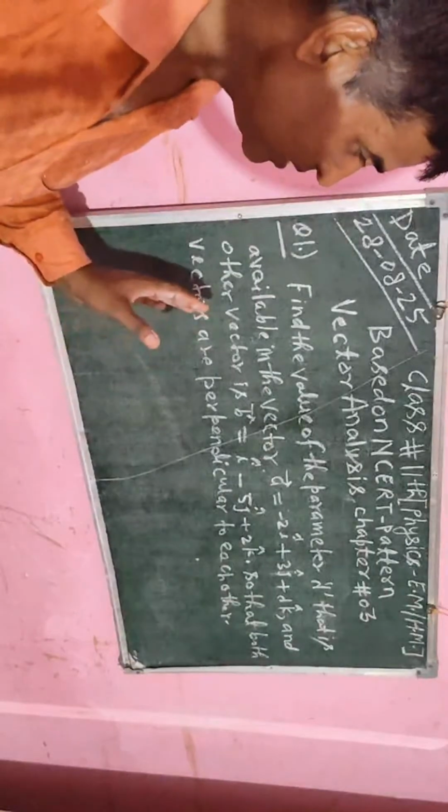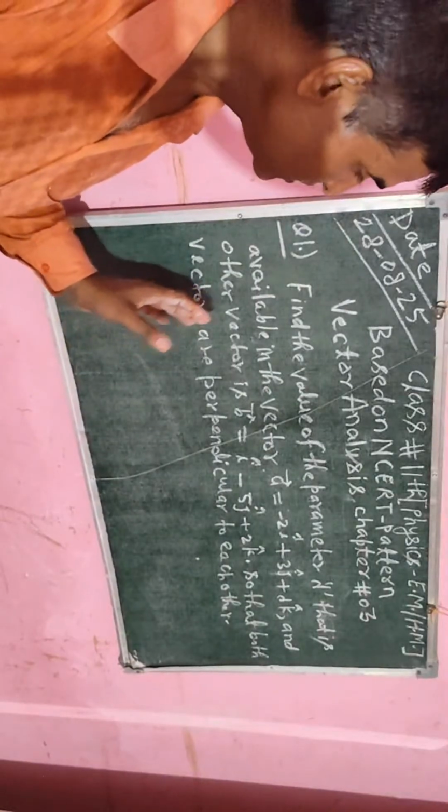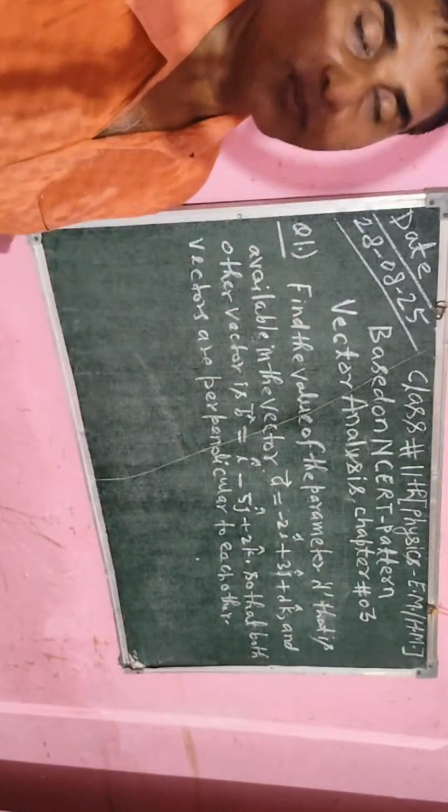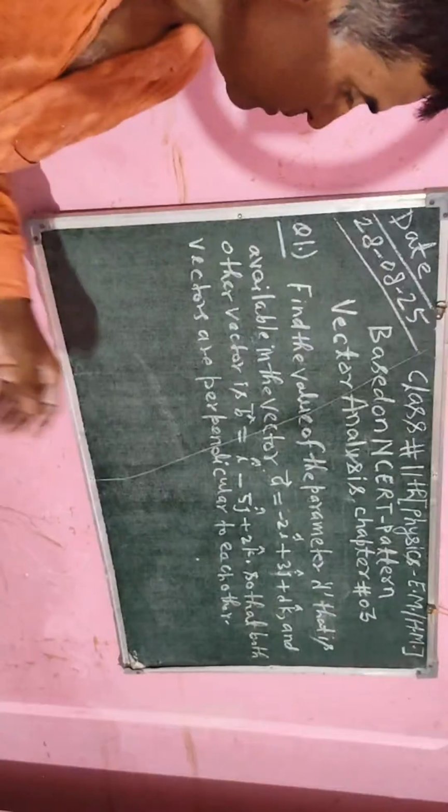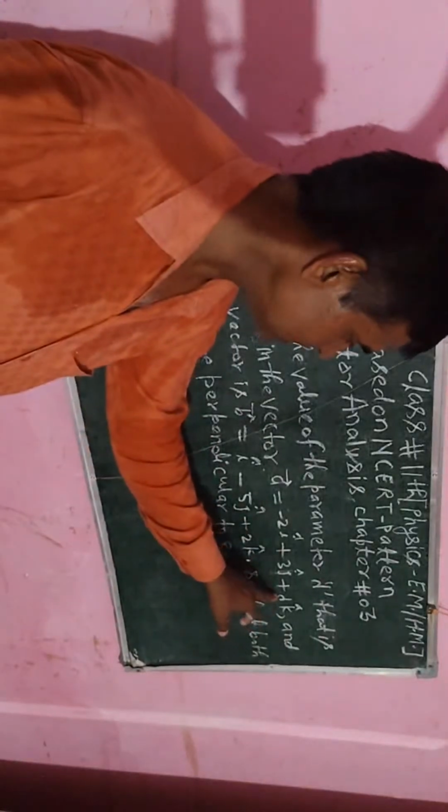Okay, this is a very important question, because in this question I will use the concept of scalar product for finding the value of an unknown parameter, that is lambda.